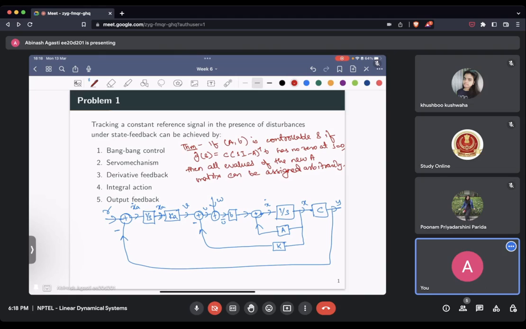So one thing that we need is (A, B) has to be controllable. If it is not, then we cannot do anything. And the next thing is the transfer function of the original system should not have a zero at s equal to 0.